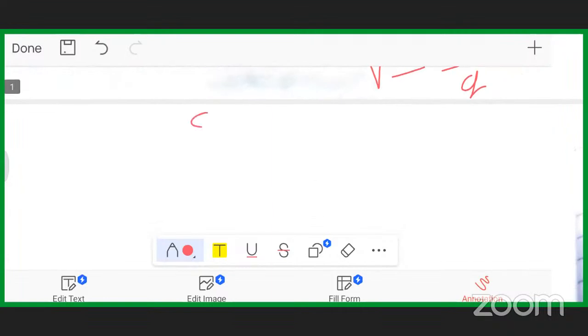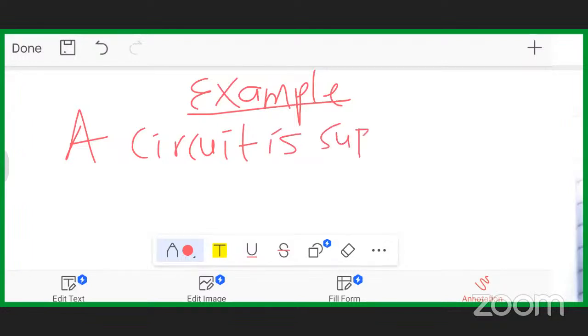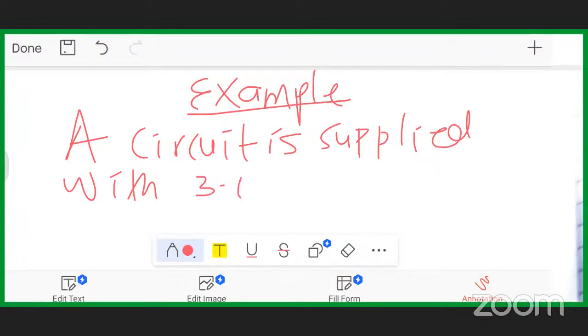So an example is here. A circuit is applied with 3.0 volts.